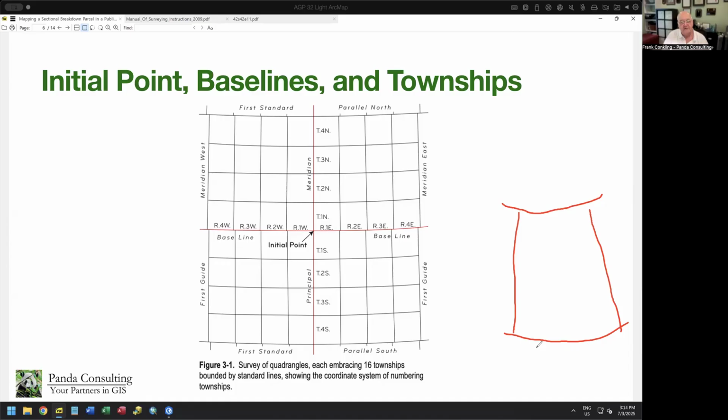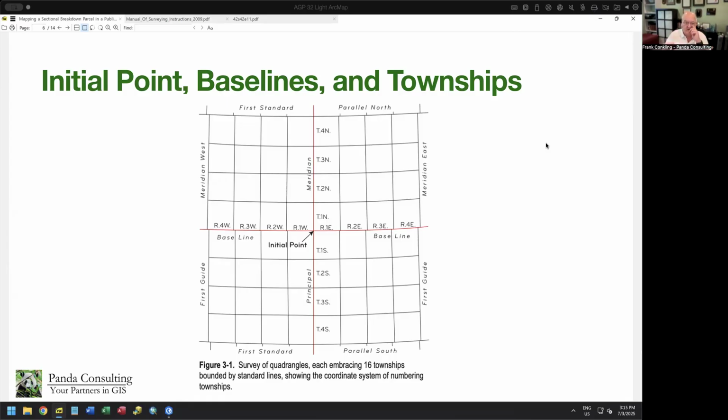If you extend this out long enough, the meridian is actually a curved line, and these are straight lines. The distance at the south end of a section is not going to be the same as the distance at the north end. The north end of the section is going to be shorter than the south. Just a couple of anomalies associated with these, but these are not squares.